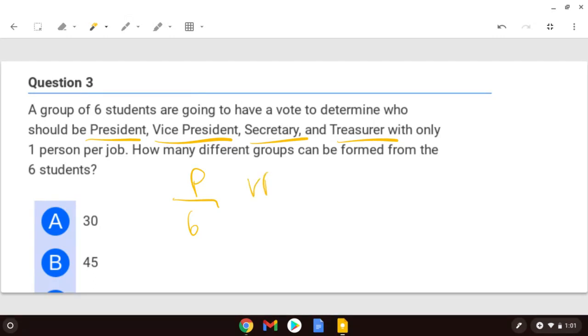For vice president, you've already used one of those people, so now there's only 5 people left. For secretary, there's only 4 left, and for treasurer, there's only 3 left. Then to determine how many possible combinations, you just multiply all those together.